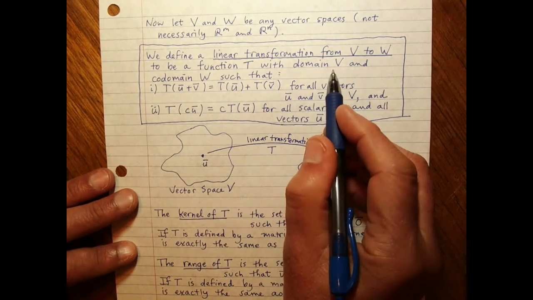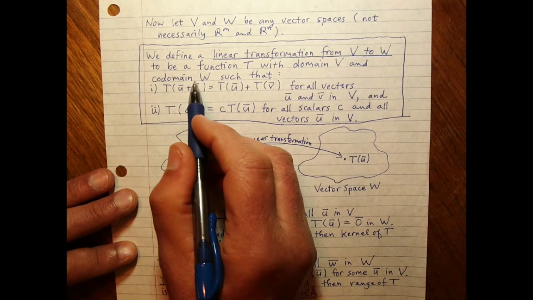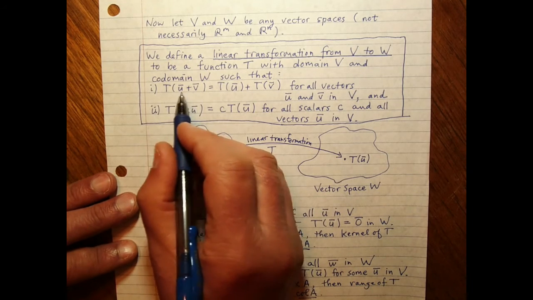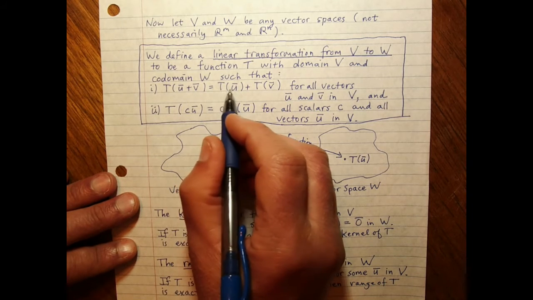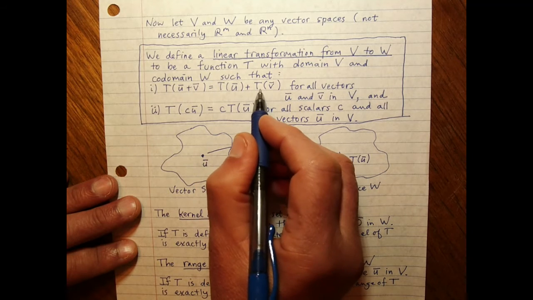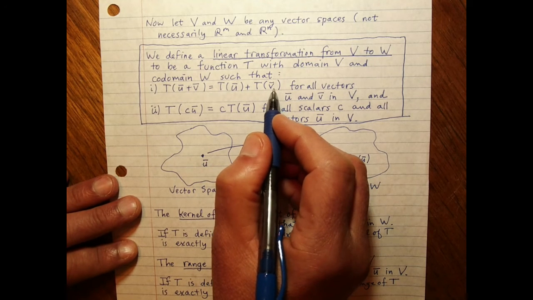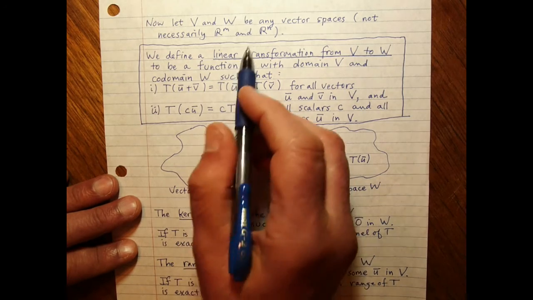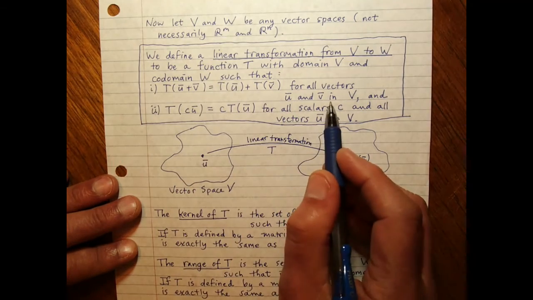a function with domain V, codomain W, such that T of the sum of two vectors in V is going to be equal to T applied to the first vector plus T applied to the second vector. So the images will be vectors in the space W here.